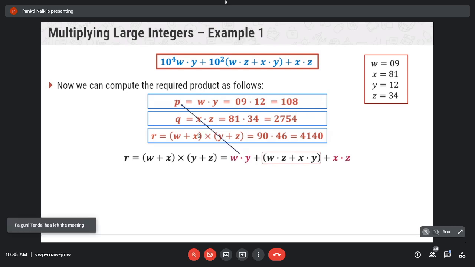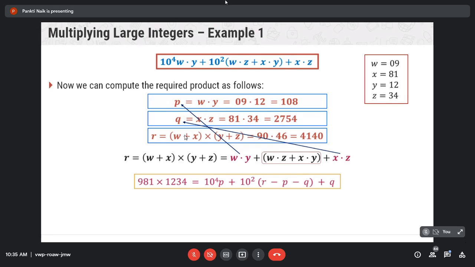So here w into y is equal to p, x into z is equal to q, and w into z plus x into y as it is. So we get the equation like this, 10 raised to 4 into p.